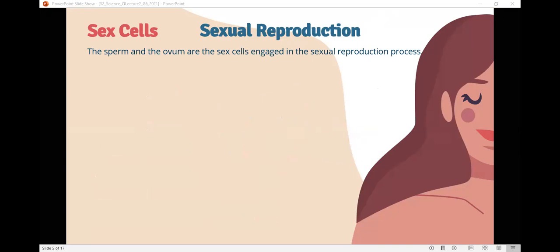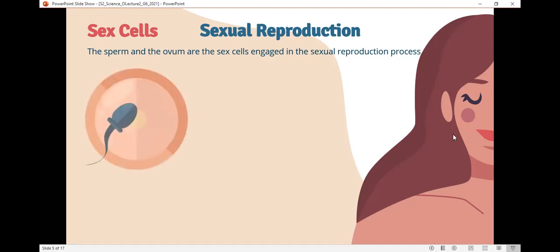What's a sperm? Define sperms. Yes, Angelina. The male sex cell. Perfect. Sperms are the male sex cells. What about the ovum? The female sex cell. Look at the figure right now and tell me, which process is this?